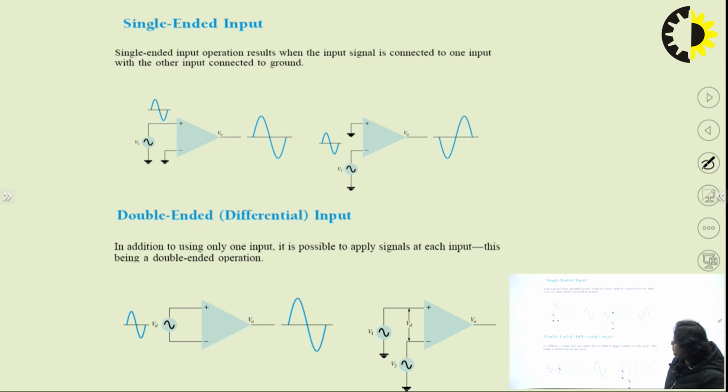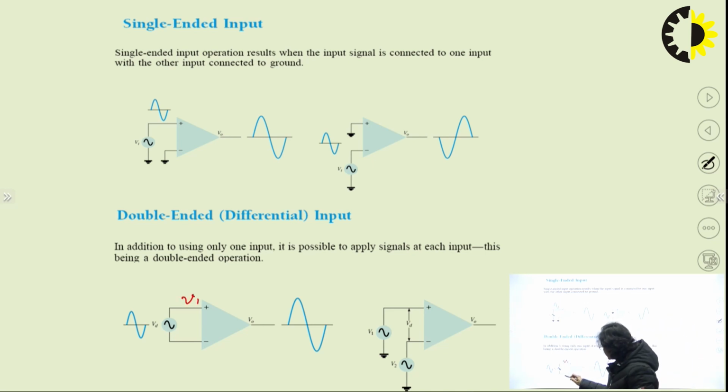Now moving toward differential or double-ended input, if we apply the input at both the terminals, then this IC basically amplifies the difference of both the inputs, that is V1 and V2.